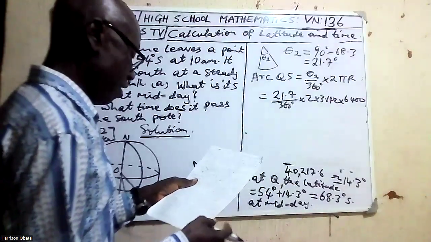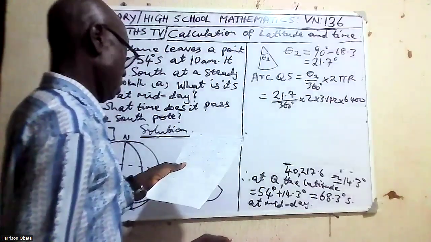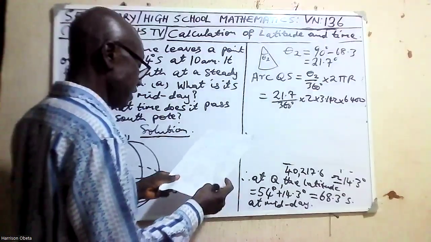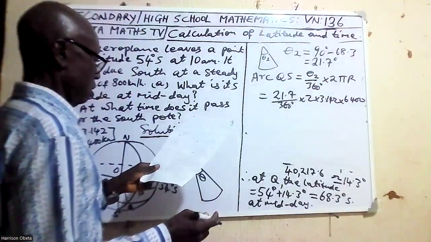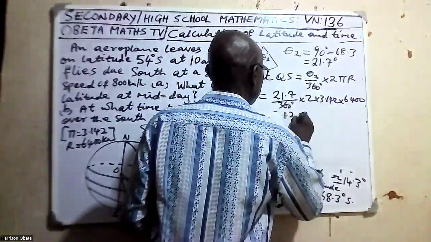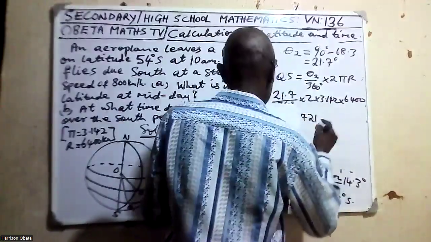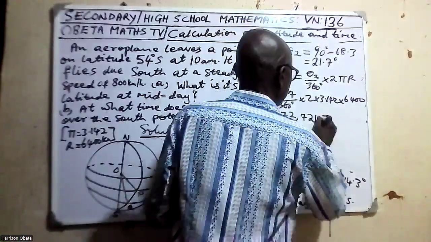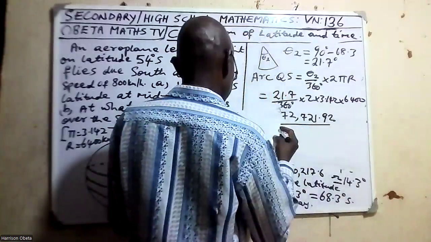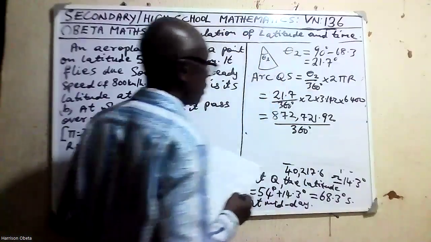So we are now going to have 21.7 multiplied out, you are going to have 872,721.92. We are dividing by 360. Okay.